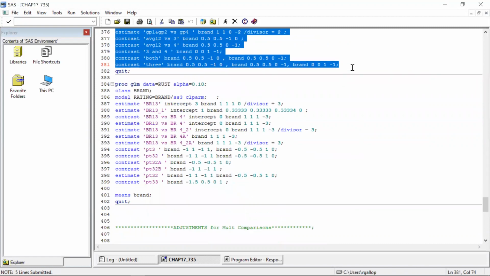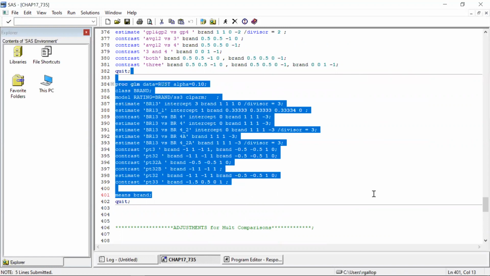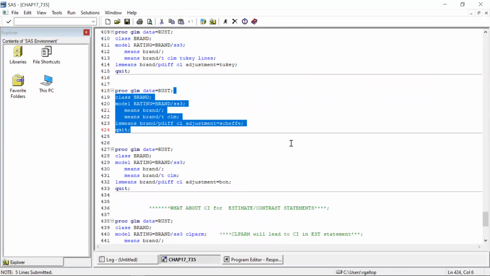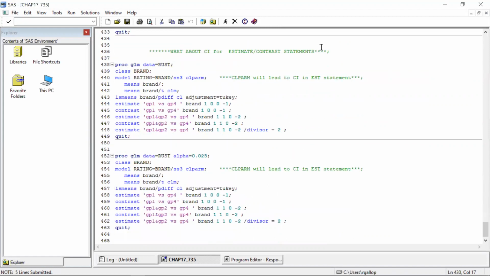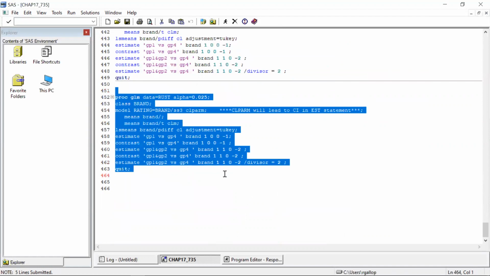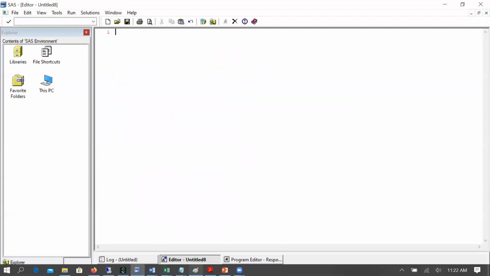You can focus on some of that problem, with some adjustments for multiple comparisons. You may want to review the bottom portion, which really goes through a lot of the contrasts as well, just to get another refresher on those contrasts as we move forward.